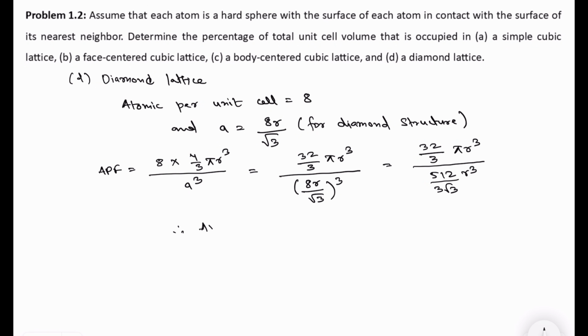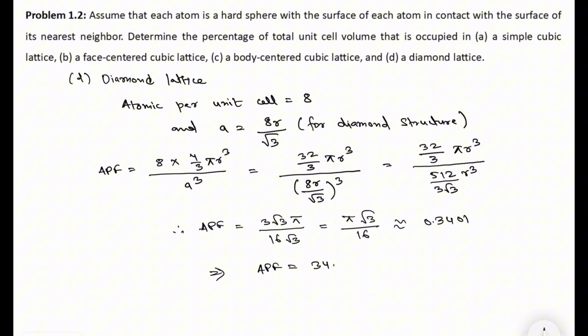Therefore, APF is equal to 3√3 π upon 16√3, which is equal to π√3 upon 16, which is approximately equal to 0.3401 or 34.01%.